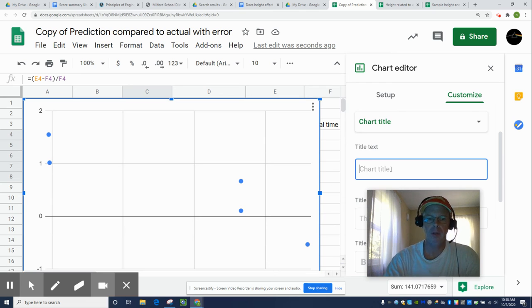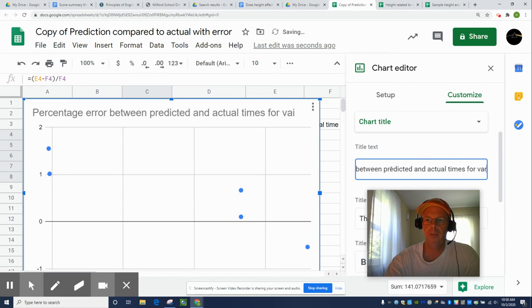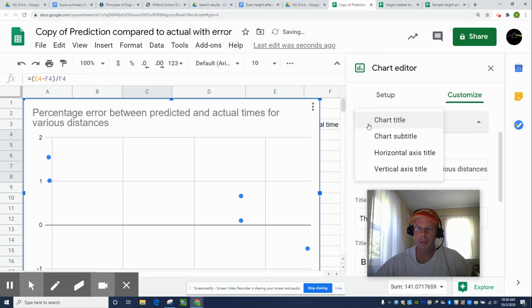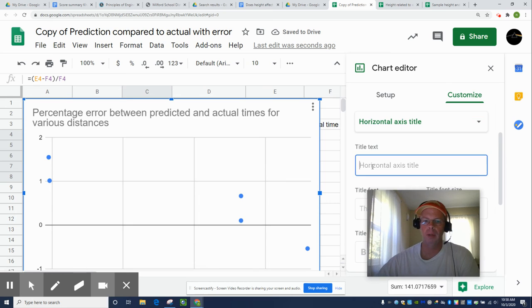This is percentage error between predicted and actual times for various distances. Kind of wordy. Maybe there's a better way to describe our experiment.